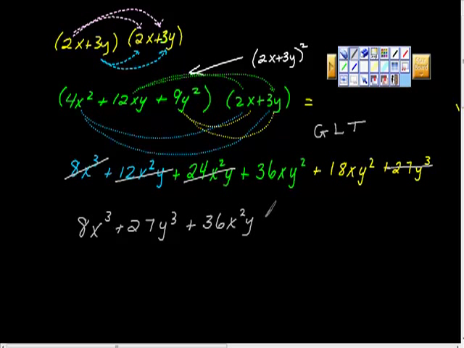And then lastly, we're at what? Sure, xy squared. 36xy squared. We can talk in the future about how to best organize these, but this is fine for now. Did I forget something? Wouldn't that be 54x squared?